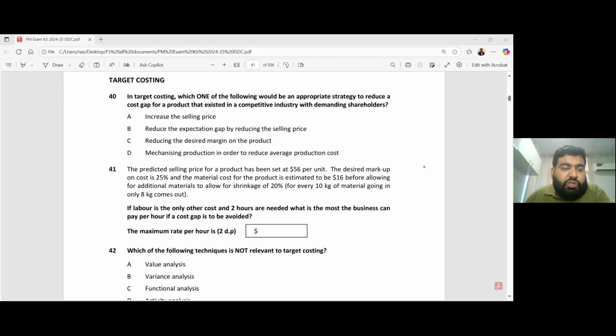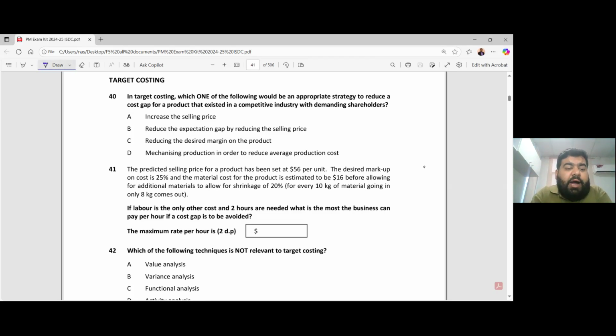Let us start the MCQs from the Kaplan. First MCQ of target costing. In target costing, which one of the following would be an appropriate strategy to reduce a cost gap for a product that exists in a competitive industry with demanding shareholders?